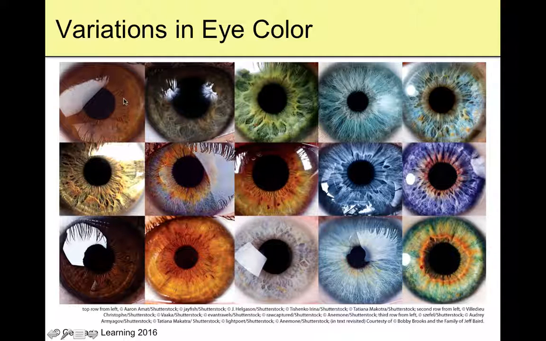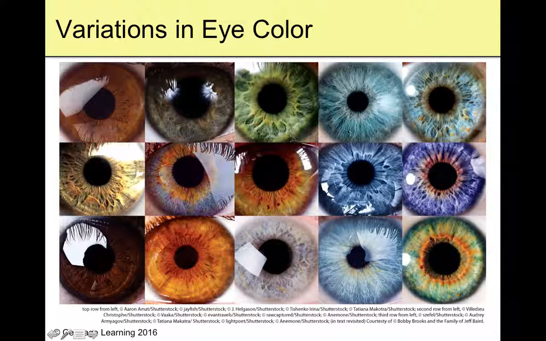Lots of melanin, darker eyes. Less melanin, lighter eyes. The melanins are browns and reds. And as you blend brown and red melanins, you get different colors. Like this amber color, you can get little traces of purple in there.